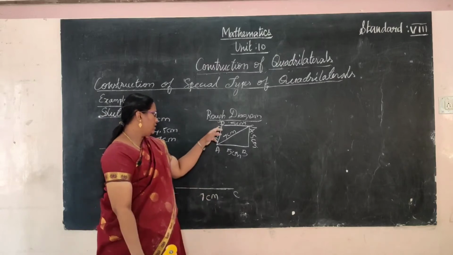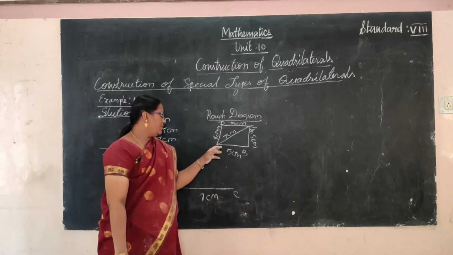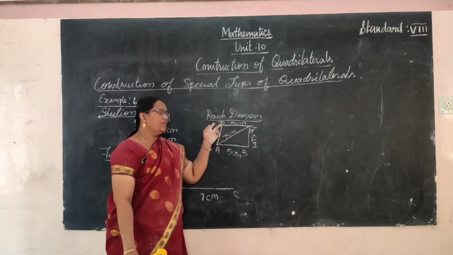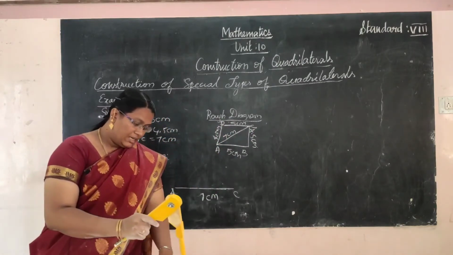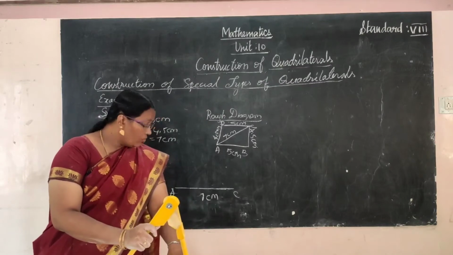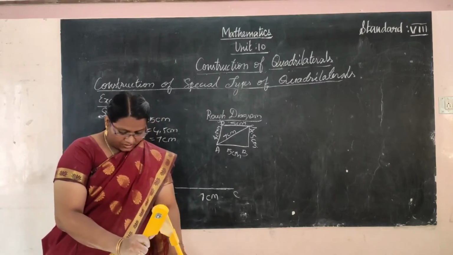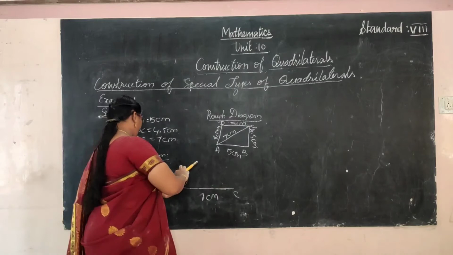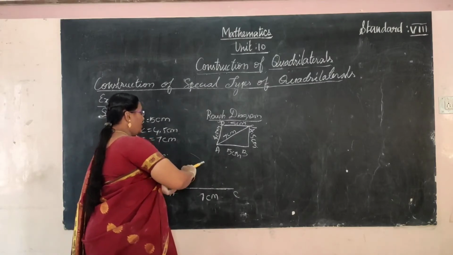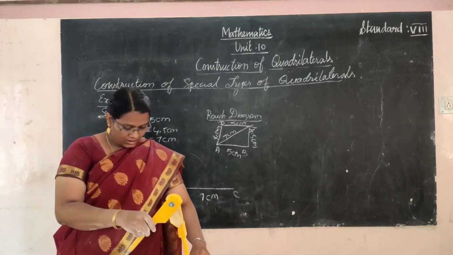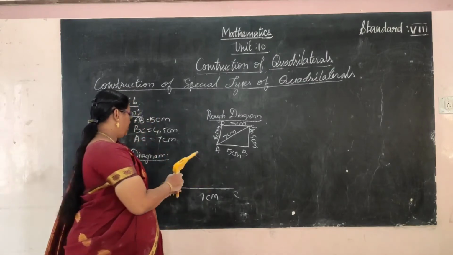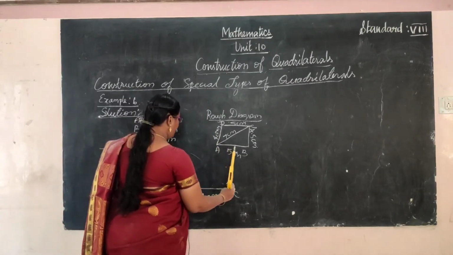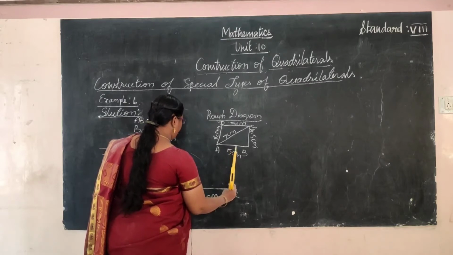I have considered this side 4.5 centimeter with center A and 5 centimeter with center C. Draw an arc intersecting at D. So first 4.5 centimeter, and 5 centimeter with center C.